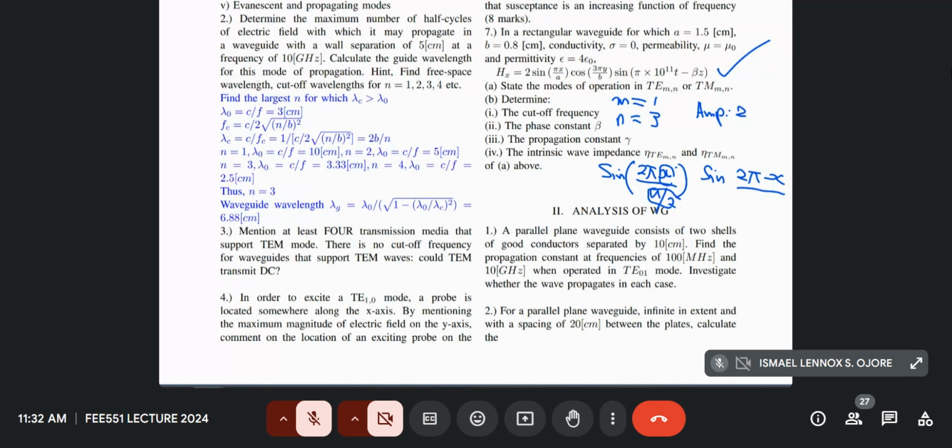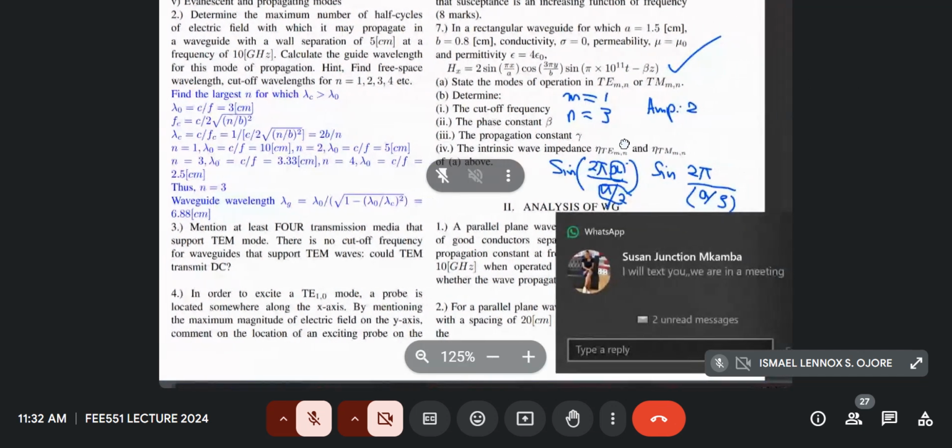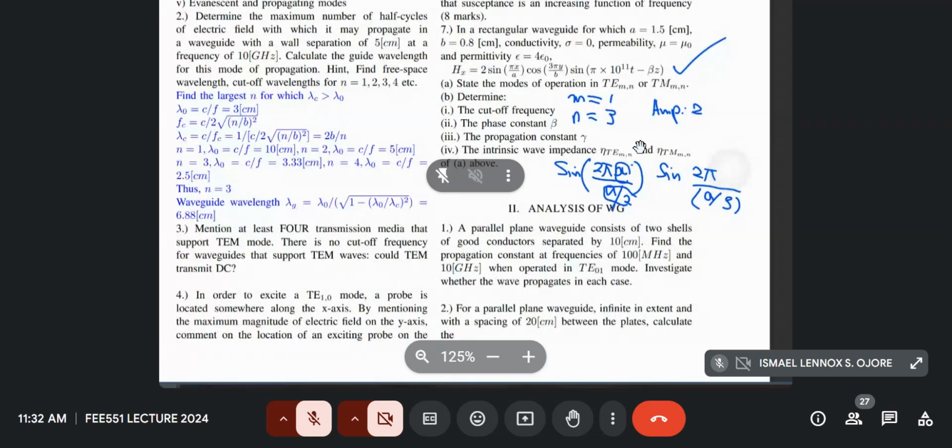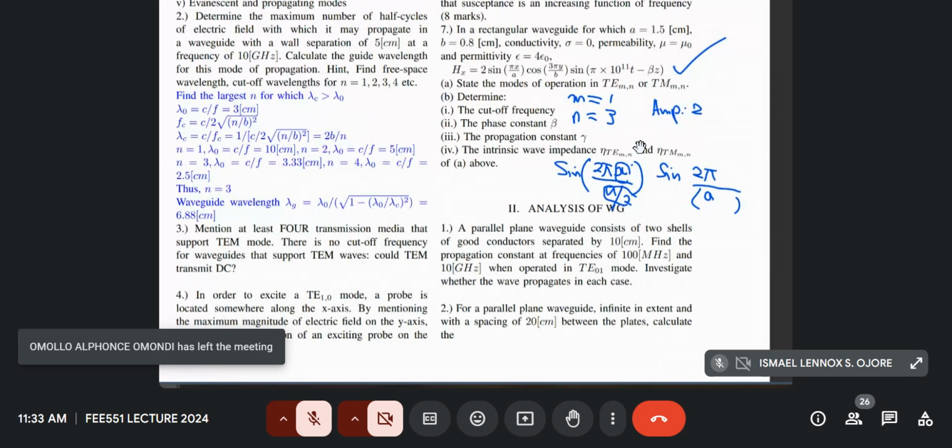Let's say x is not equal to a over 2. So you move the probe to a over 3.